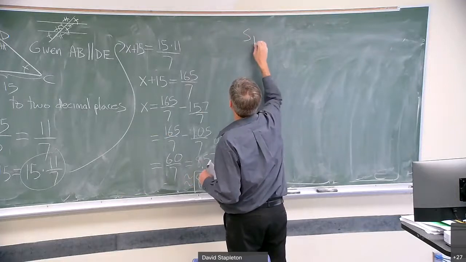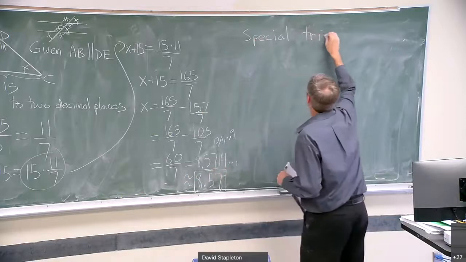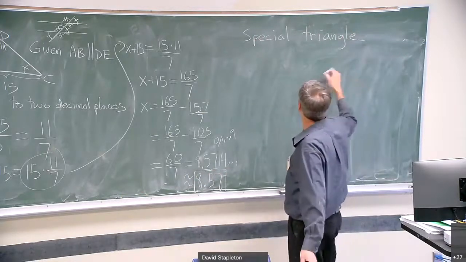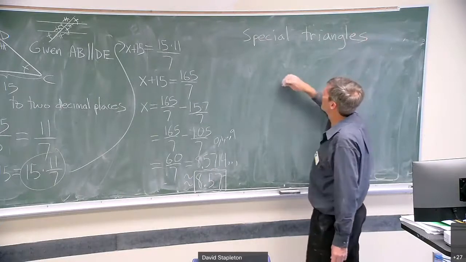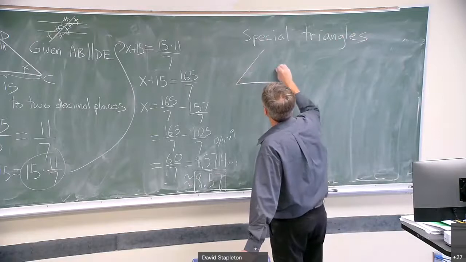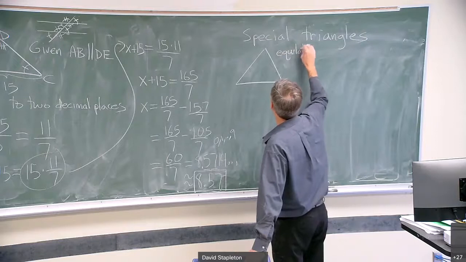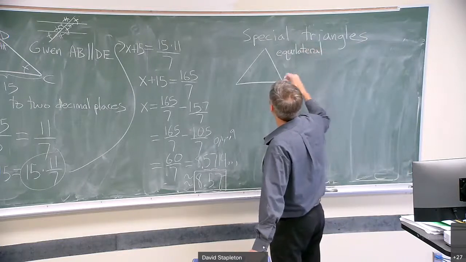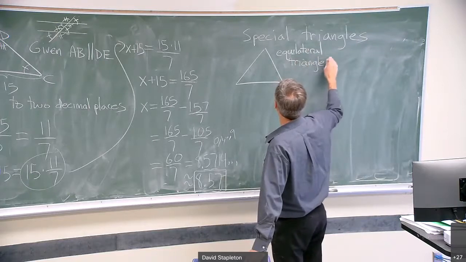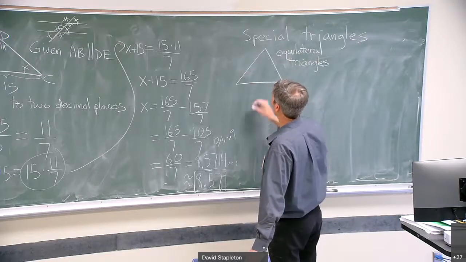Next thing is to think about special triangles. These are triangles that have special angles in them. A couple interesting cases is an equilateral triangle. We'll probably not refer to this much, but this is a triangle with all 3 angles equal and all 3 corresponding sides therefore equal.